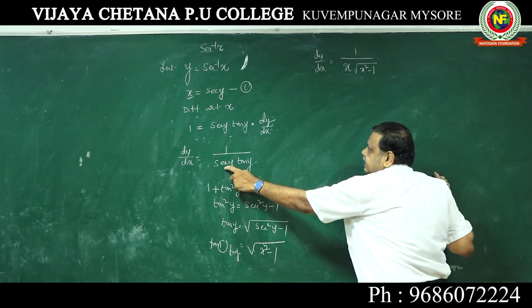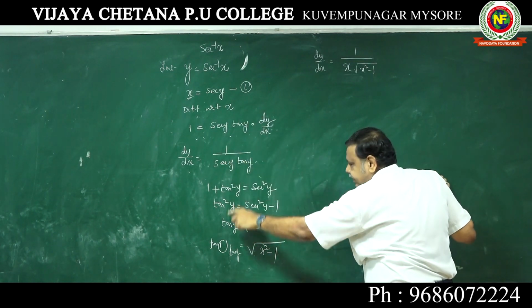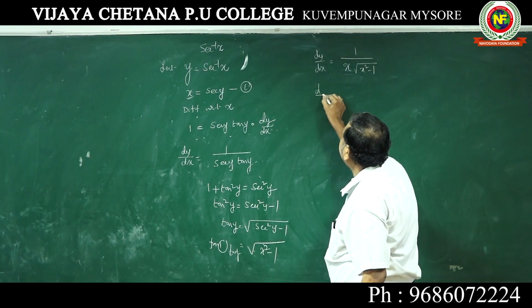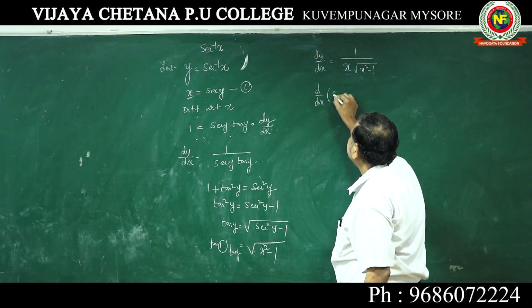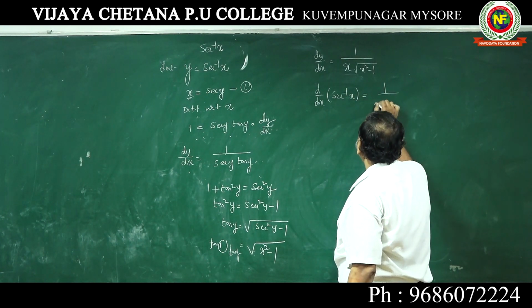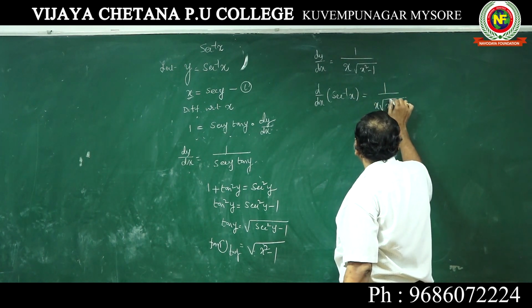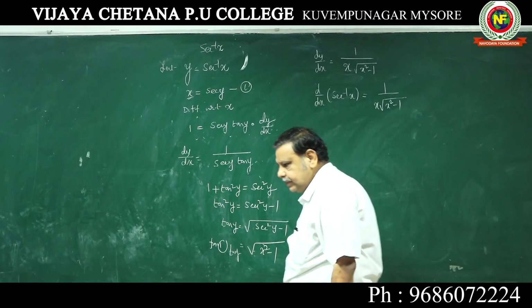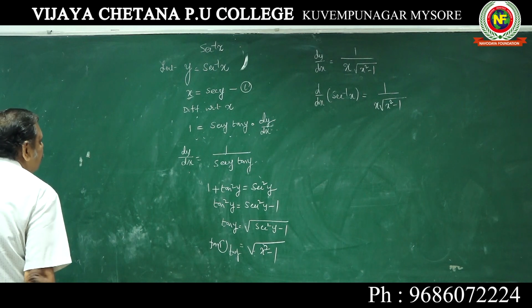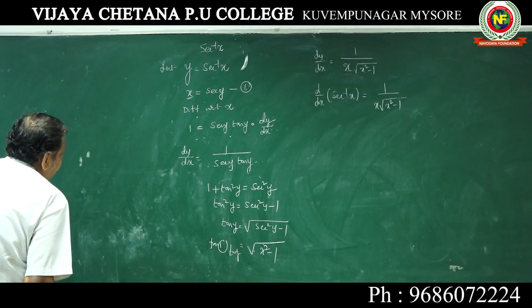For this, x straight away, and for this tan y we have derived root of x square minus 1. So you can write d by dx of secant inverse x is 1 over x root of x square minus 1.